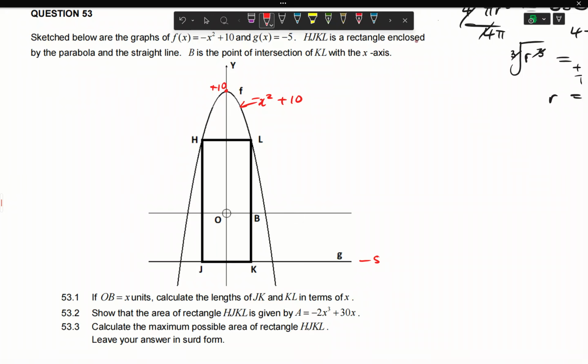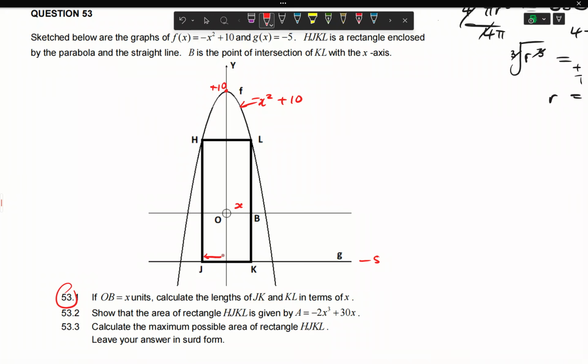HJK is a rectangle enclosed by a parabola and a straight line. B is the point of intersection of KL with the x-axis. All right. So they say that if BO is x unit, calculate the length of GK. Where's GK?